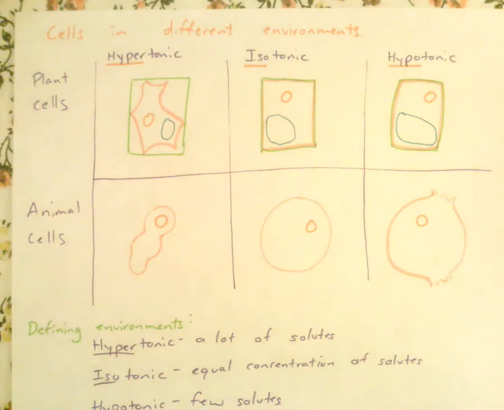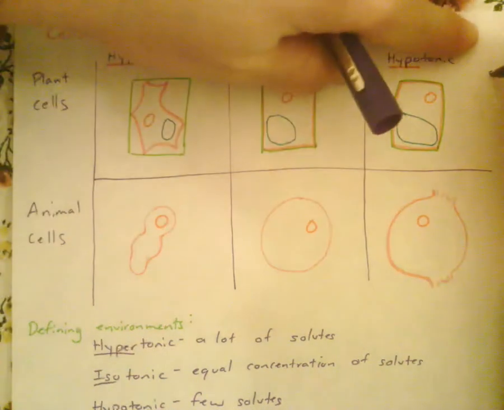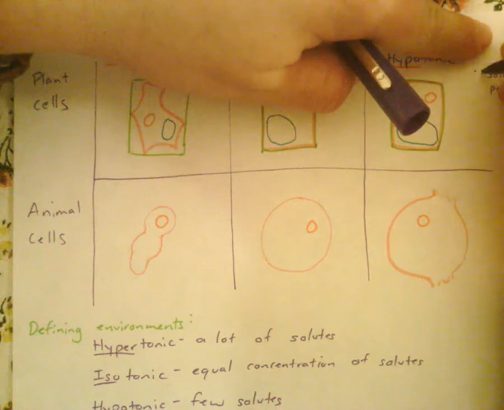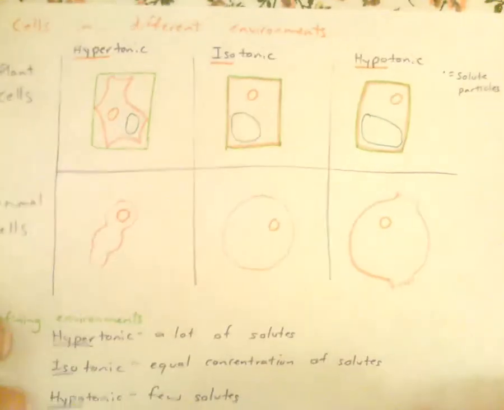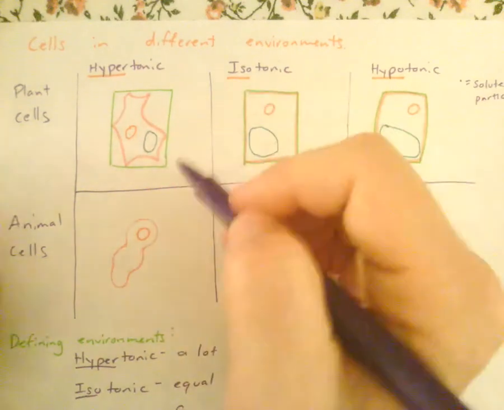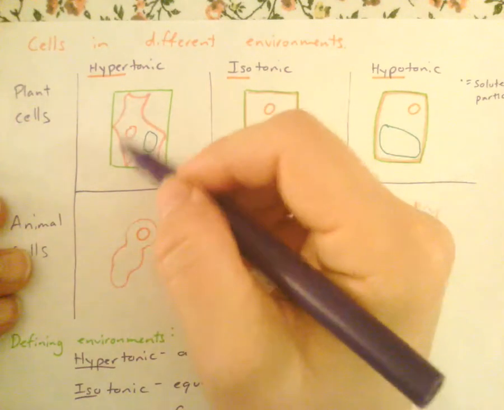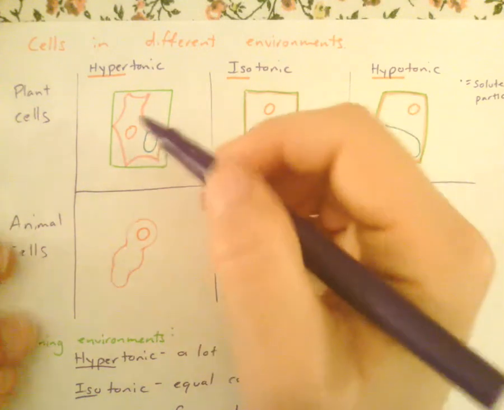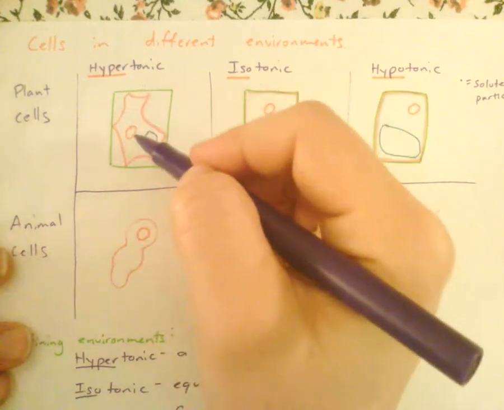First off, we're going to draw some solute particles again as little dots, so we can get an idea of how many there are in each area. So we're going to say that this is a cell in an environment. This should look fairly familiar. It looks like the situation within our onion cell. What I added to the drawing was the nucleus, just because cells have a nucleus.